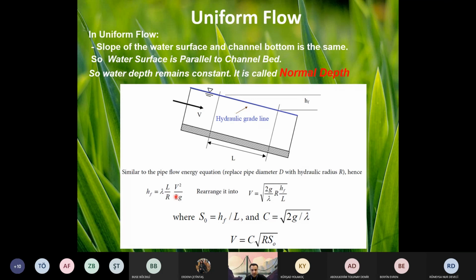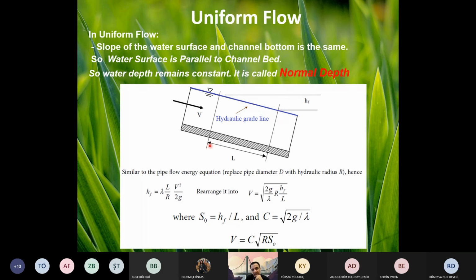Rearranging it, we extract V from this Darcy-Weisbach formula. It gives us a square root of 2g over lambda, R times hf over L. So here we have hf over L. What is hf? hf is energy losses. From here to here is hf for this length.